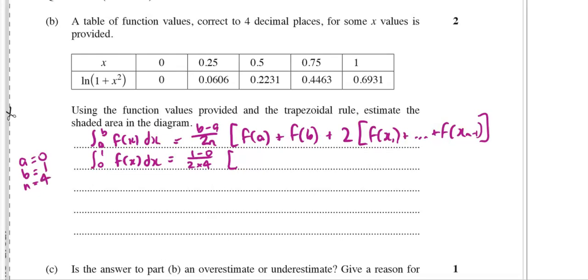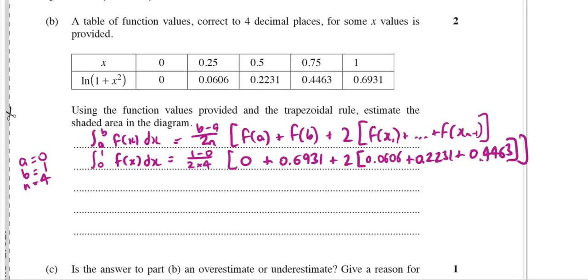So f of 0 is 0. f of 1 is provided to us, 0.6931, plus 2 times the values in between, 0.0606, plus 0.2231, plus 0.4463.